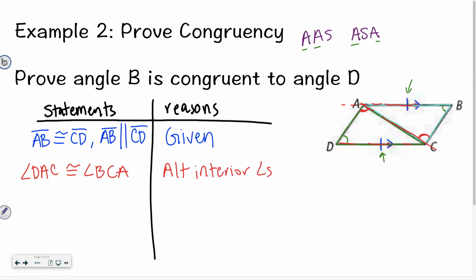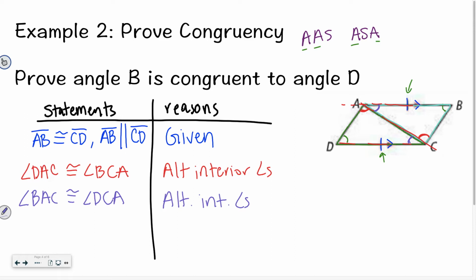And then I can look at the picture and say, well, another angle that would be congruent would be these purple angles by the same thing, right? They are still alternate interior angles. So I could say angle BAC is congruent to angle DCA. Again, that's alternate interior angles.